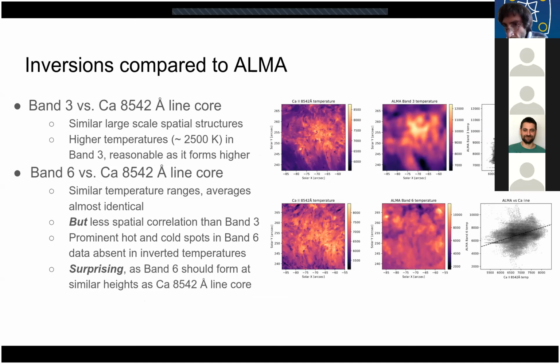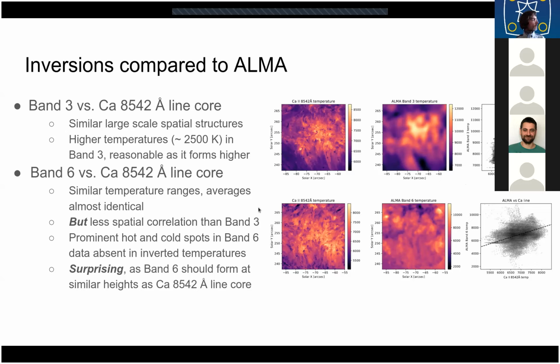And perhaps if the resolution on ALMA was better, then we would see a tighter correlation. We also see significantly higher temperatures, about 2,500 Kelvin higher in band 3, which is not unexpected because we expect the band 3 radiation at 3 millimeters to form higher up in the solar chromosphere.